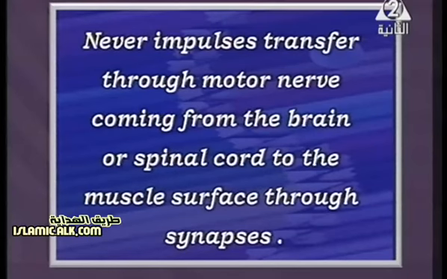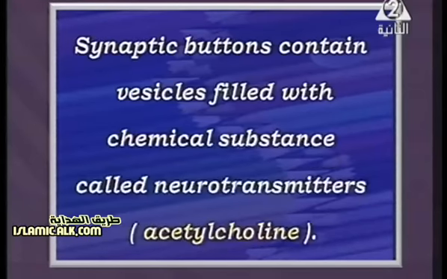What happens at this moment? The synaptic buttons contain vesicles, meaning tiny protrusions, filled with a chemical substance called neurotransmitters.